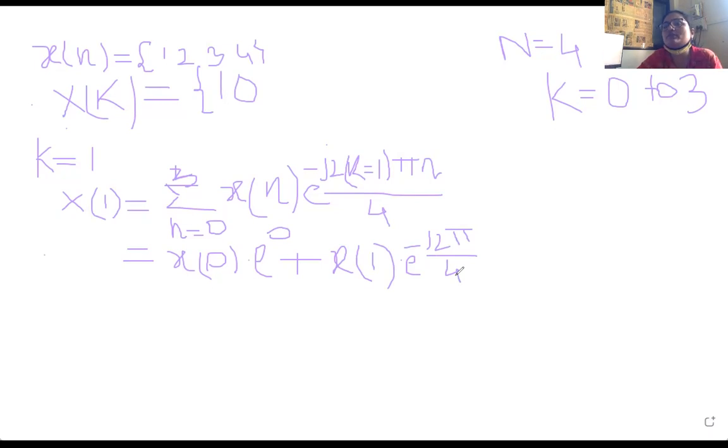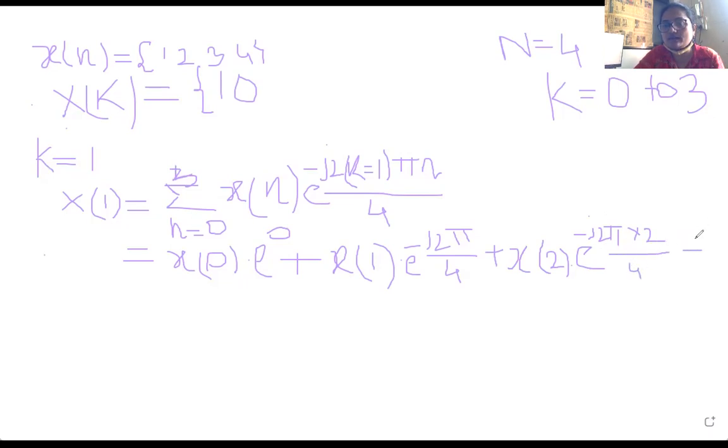Then plus the next term, where n is equal to 2. So x of 2 multiplied by e raised to minus j 2 pi, k is 1, n is 2, so it is 2 pi multiplied by 2 divided by 4.